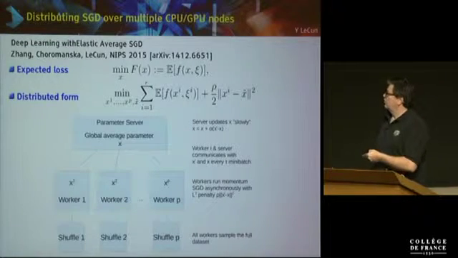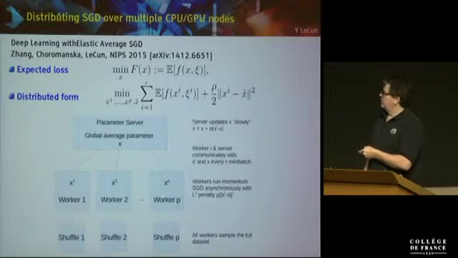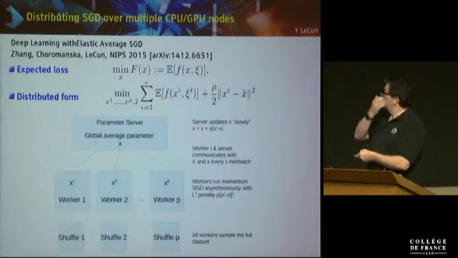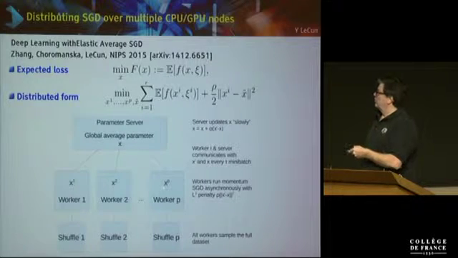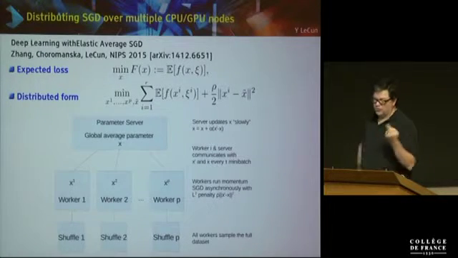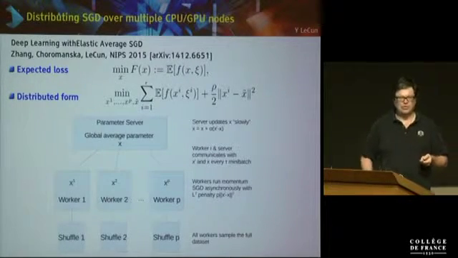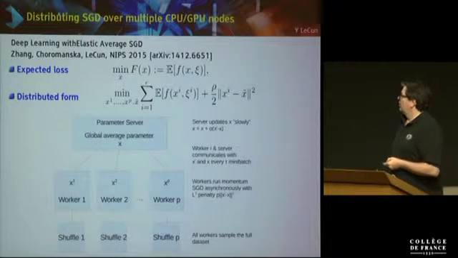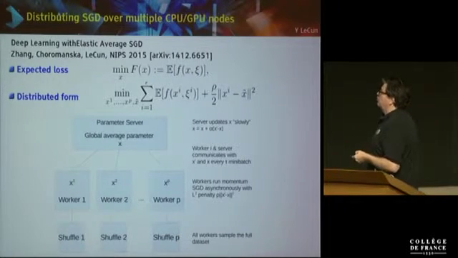There's an asynchronous variant where the individual nodes send their gradients without waiting for the results. They keep on working. From time to time, they receive the results. This is what you call asynchronous SGD.